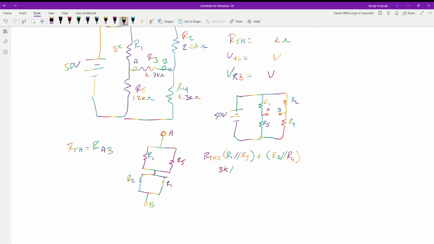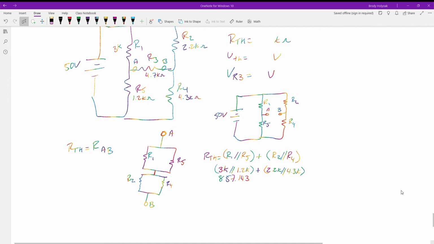So we've got a 3K in parallel with a 1.2K, and then that's going to be added to a 2.2K in parallel with a 4.3K. So we have the inverse of 3,000 plus the inverse of 1,200. Add those together, take the inverse of that, and we get 857.143.